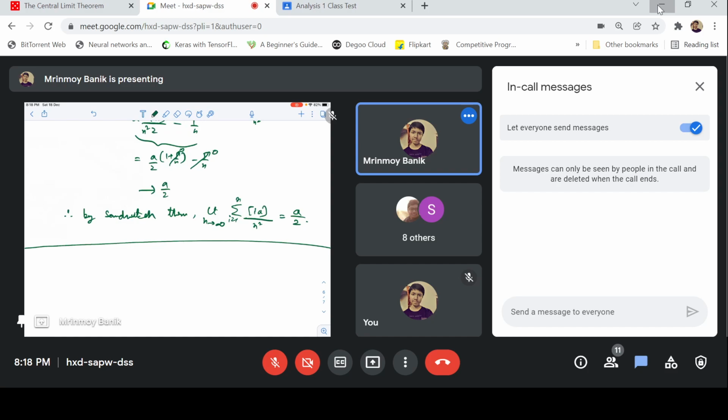Now we know that we have a sequence xn that converges to this a.